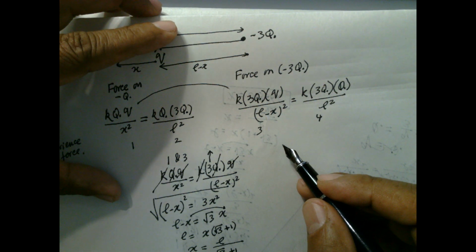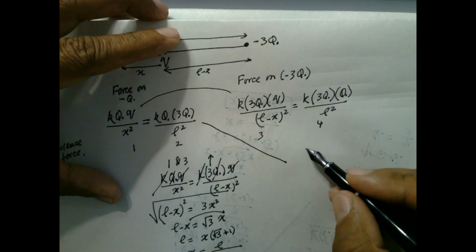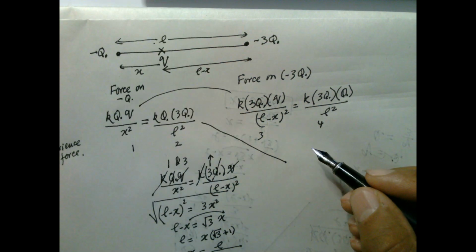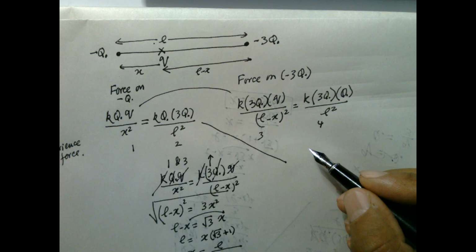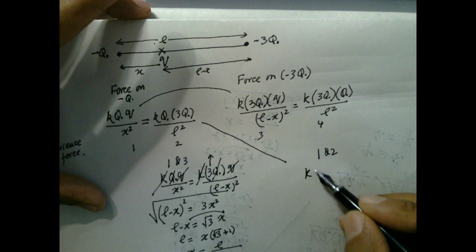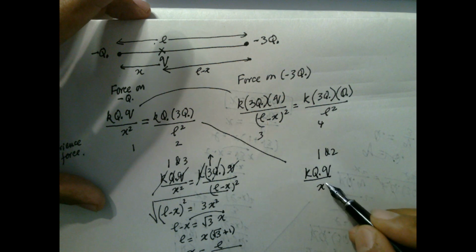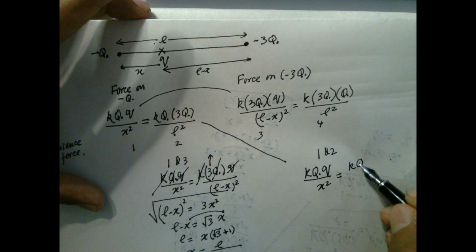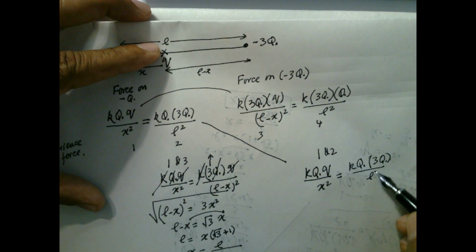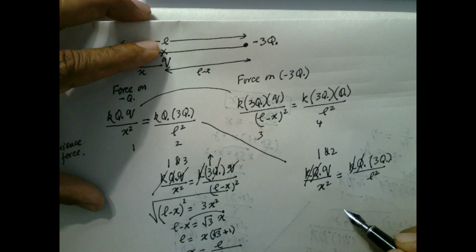Now we have to find the value of q naught. We can still use this one from here, 1 and 2: k q naught into q over x square is equal to k q naught 3q naught over L square. k q naught cancels.